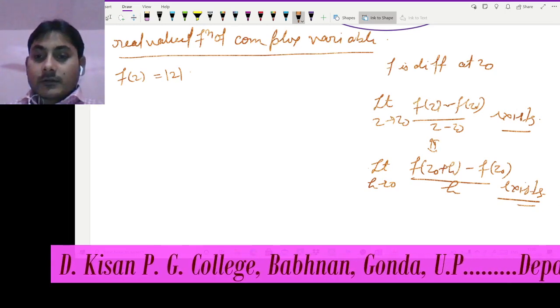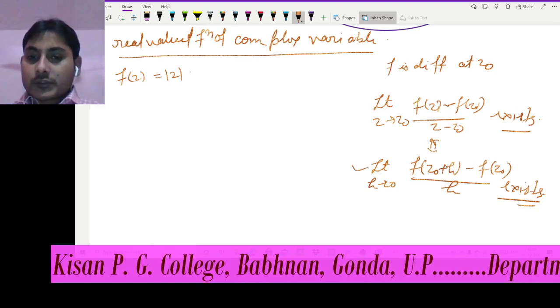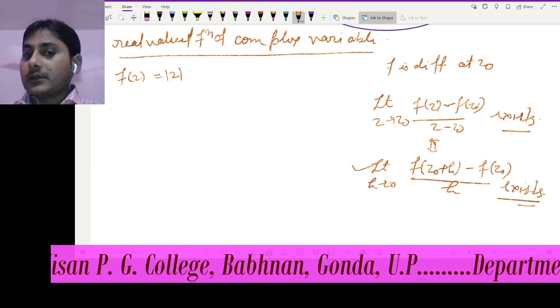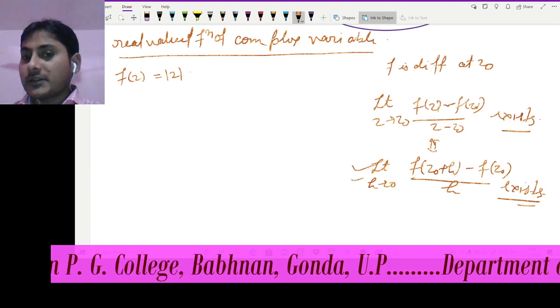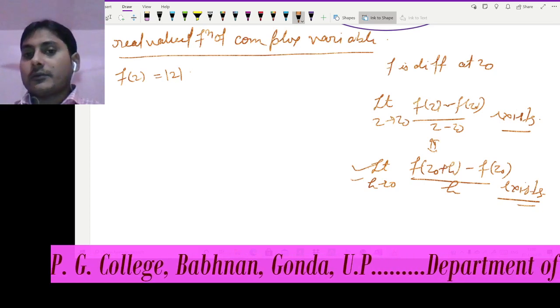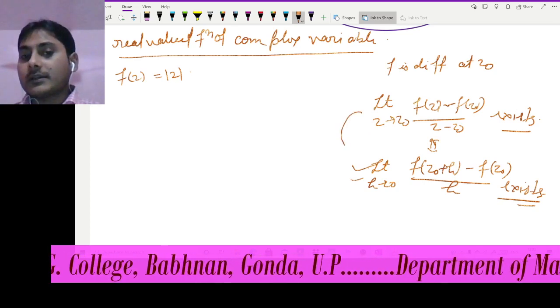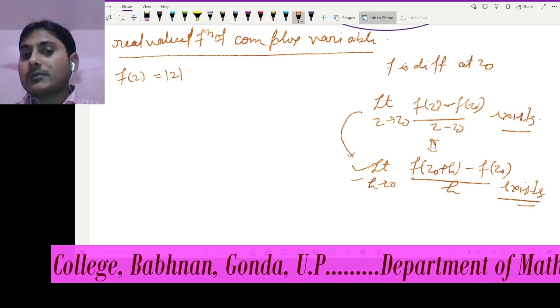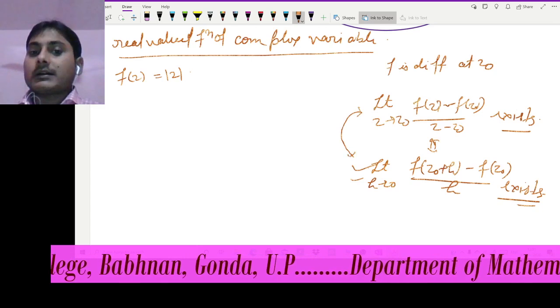I will use this definition frequently. One can use both because both definitions are equivalent. There is no harm in using the first one, but the second one is quite good.